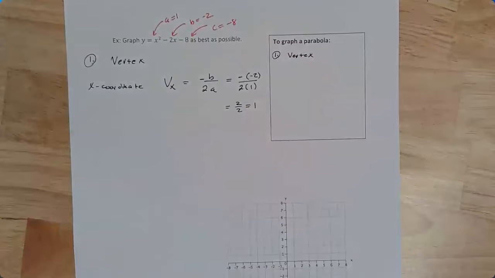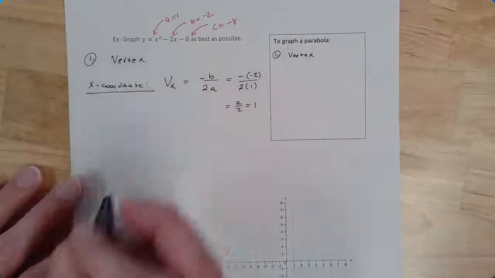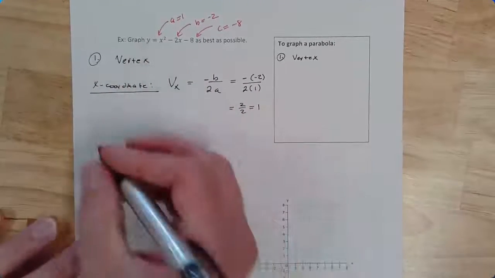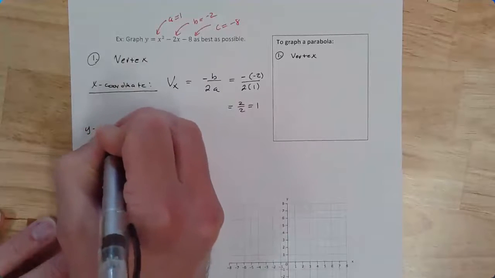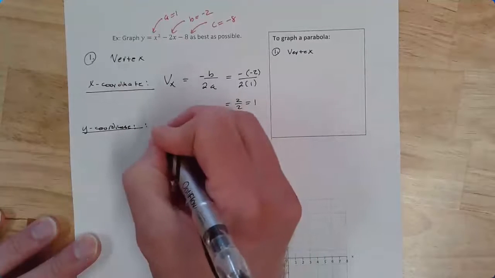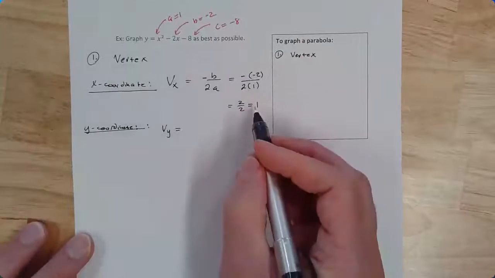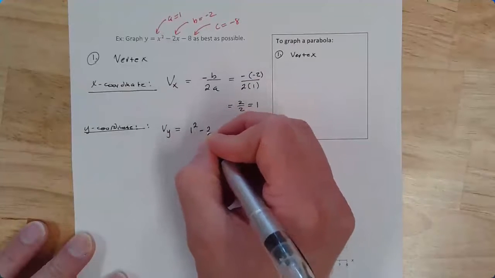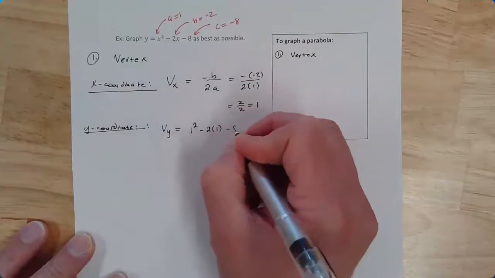Cool. We still need to find the y coordinate. The way we find the y coordinate is by just plugging that x coordinate back into the parabola equation. So the y coordinate is going to be, I'm going to call it v sub y, and we're just going to plug in 1 into this equation. So it's going to be 1 squared minus 2 times 1 minus 8.